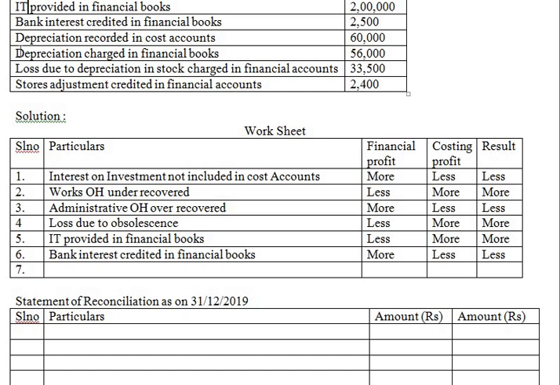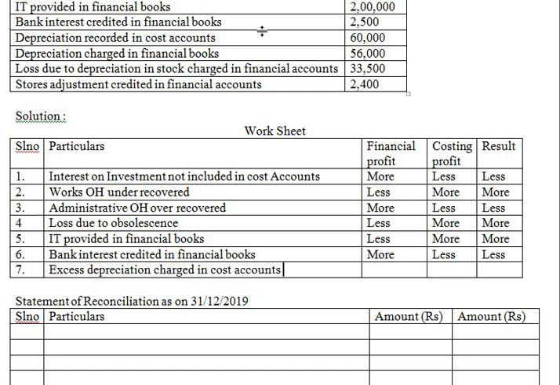So excess depreciation is recorded in the cost accounts. So we need to club these two transactions and make one transaction: excess depreciation charged in cost accounts.